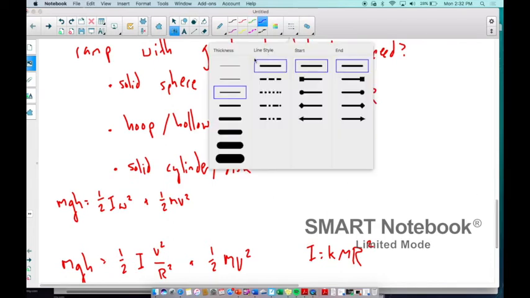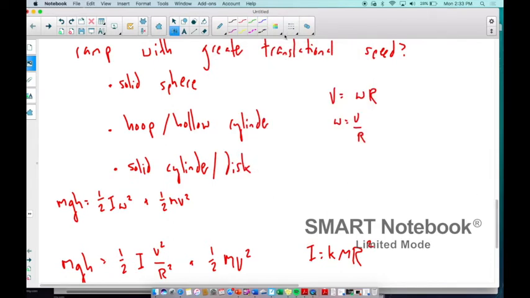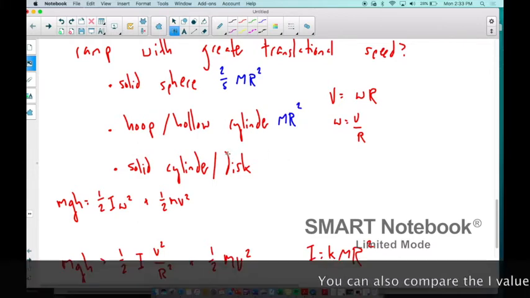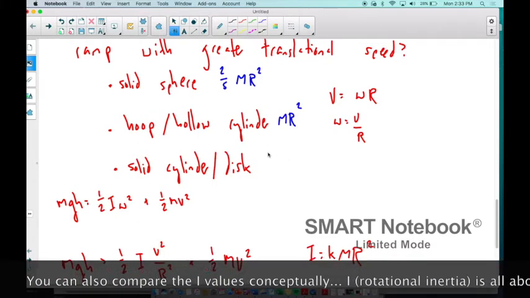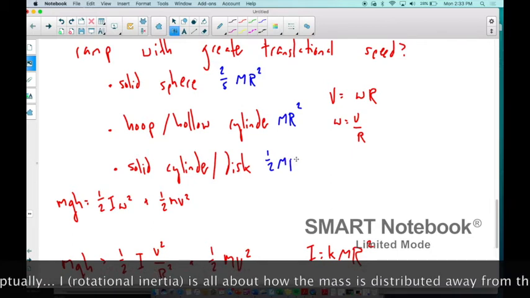So all we need to do is compare the I values of these things. I might recommend memorizing these. It may be worth your time. Don't worry if you can't, though. The I value for a solid sphere is 2/5 mr squared. For a hoop or hollow cylinder, it's mr squared. And for a solid cylinder or disk, it is 1/2 mr squared.